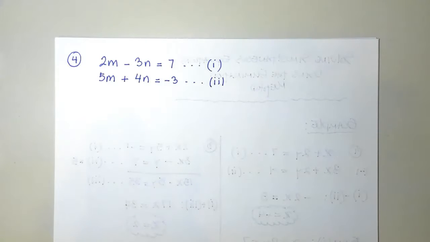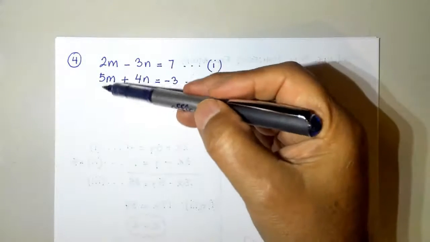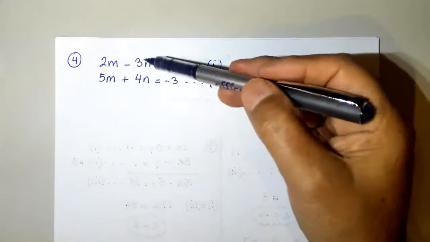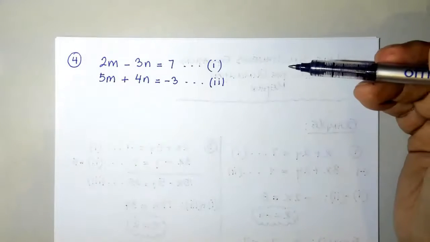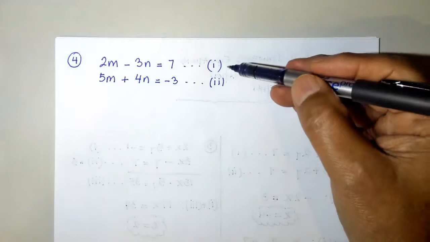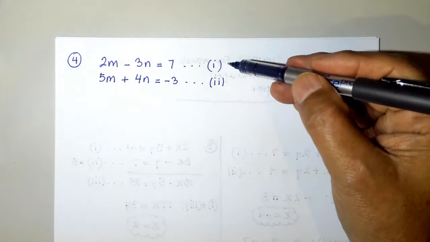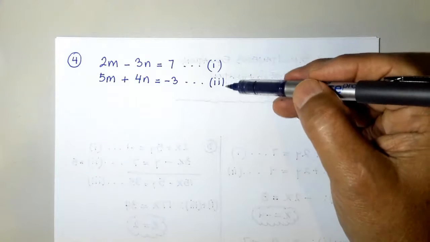Okay, so in here is very challenging because we don't have the same coefficient for the m, and we don't have the same coefficient for the n. Okay, and we can multiply one equation by some particular number, but that will never make the other one the same.